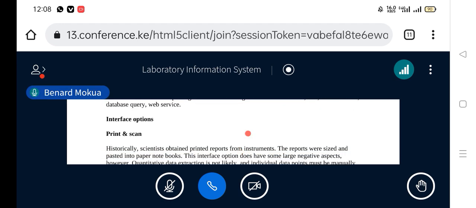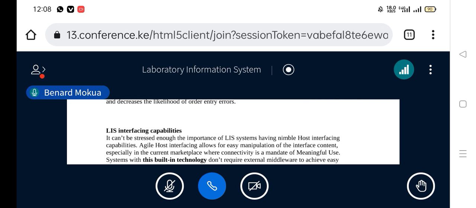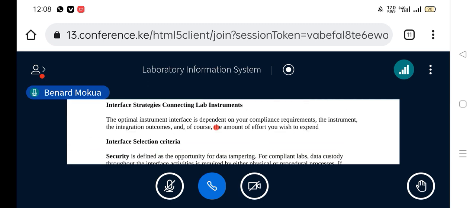I think what I can do is I will stop there. I don't want to cover so much. But what is very important is we've talked about interfacing. We have explained why we should have an interface, and I have just said that manufacturers of a number of equipment, those equipment are not in a state that they can communicate directly with the LIS.